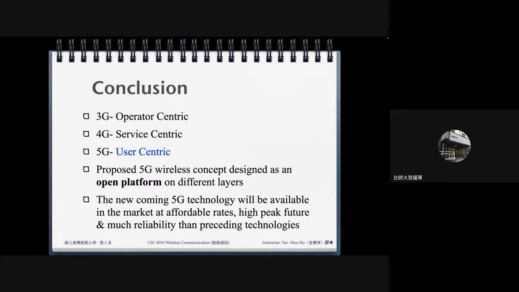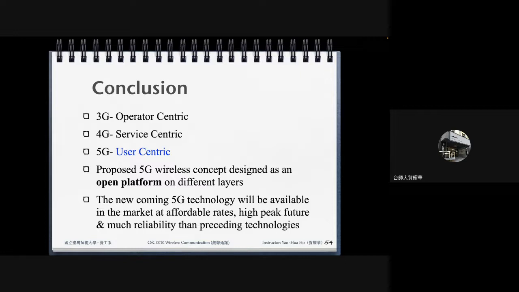So the 5th generation is user-centric, which means now we focus more on what the users need. The 5th gen wireless structure, we call it open platform at different layers. With the new 5th generation technology available for the market at a much more affordable rate, you can now allow anything to connect to internet: your vehicle, your shoes.